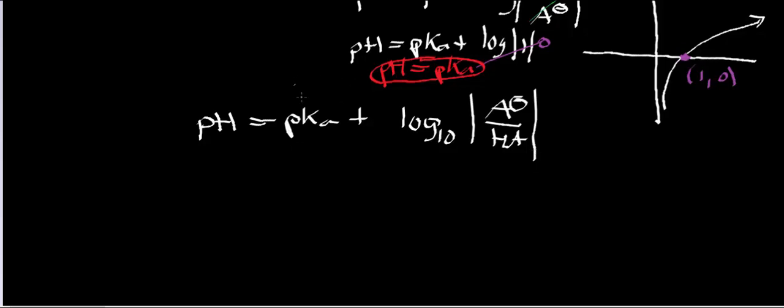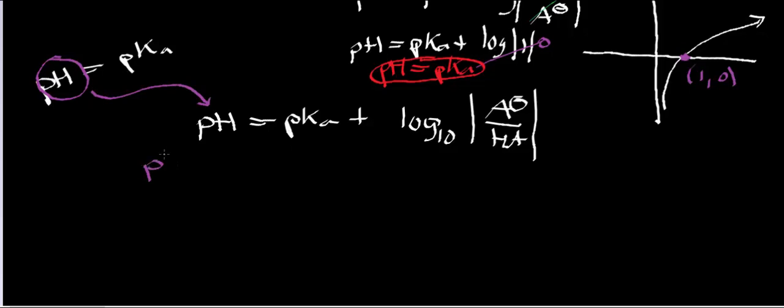What's that ratio? Well, again, we can say that the pH is equal to the pKa. So what's the ratio of acid and base at that point? Well, if the pH is equal to the pKa, we can make a substitution. We can do it either direction, but let's substitute pKa in right here.